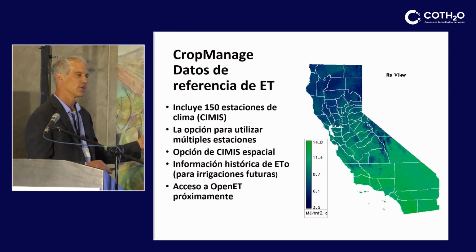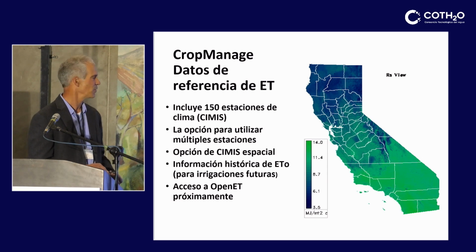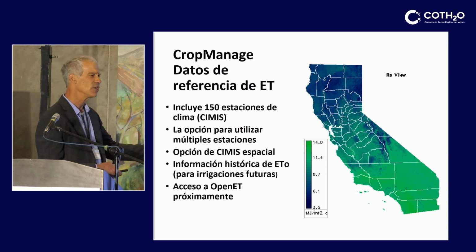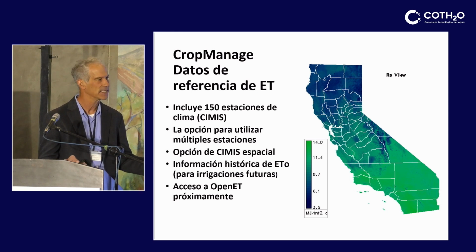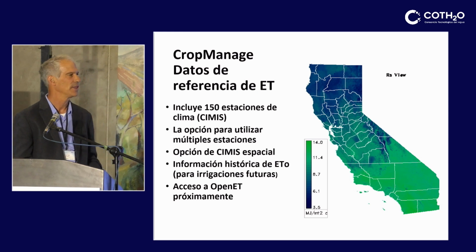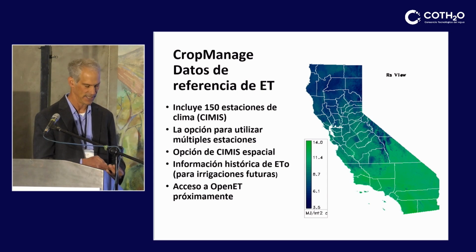And we can also estimate future ET based on historical data. And we are trying to associate CropManage with a product called OpenET. It's a satellite-based tool that can bring in ET, and that's going to have forecasted ET in it.